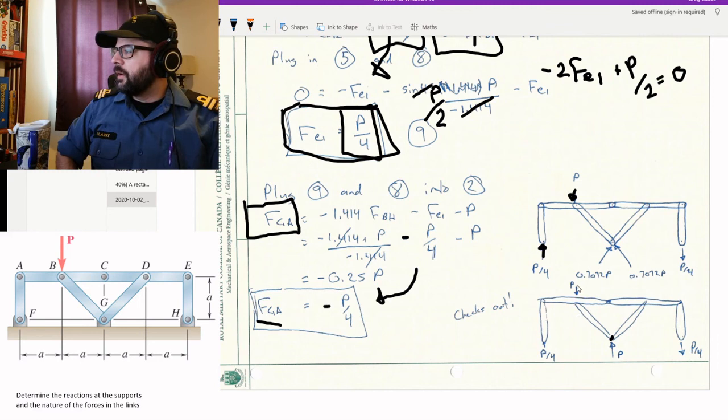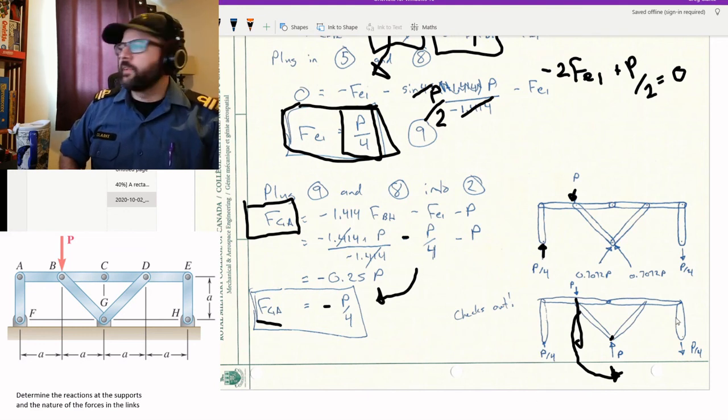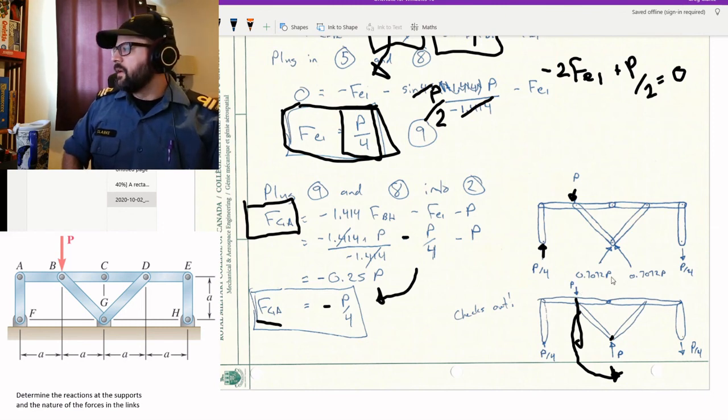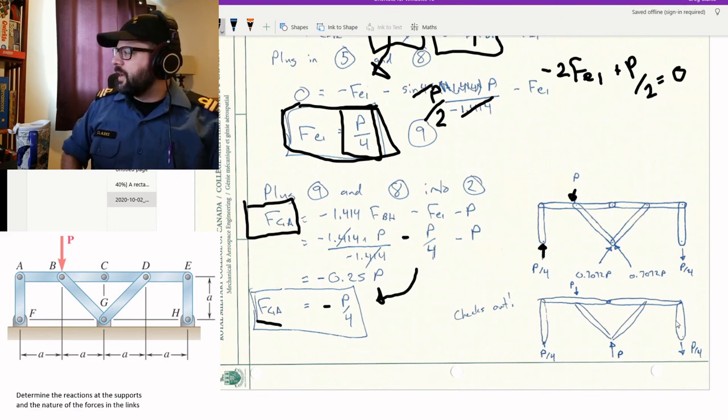The P component is going to add a positive moment about that middle bit, causing counterclockwise rotation. So the magnitude of that is going to be P times A. Still got A between each of these frames.